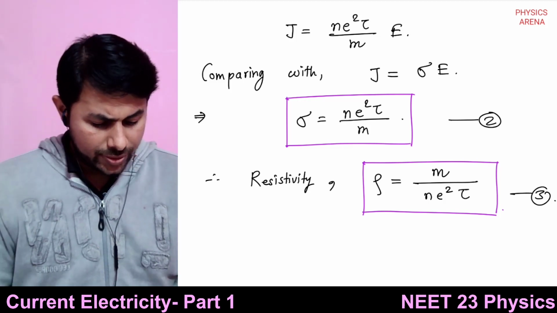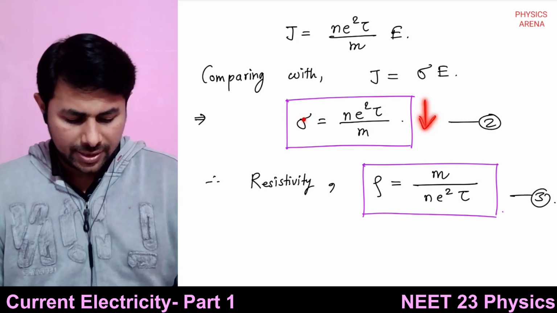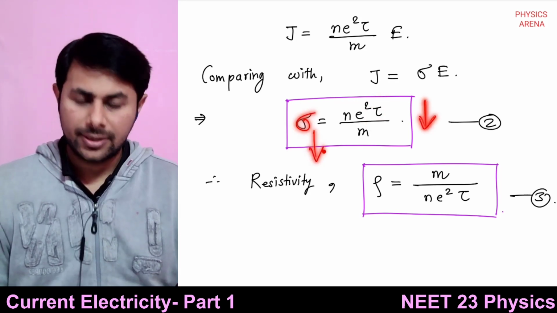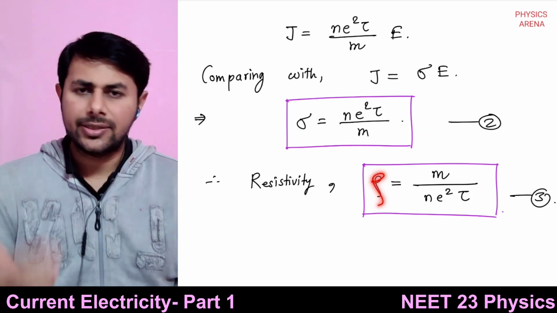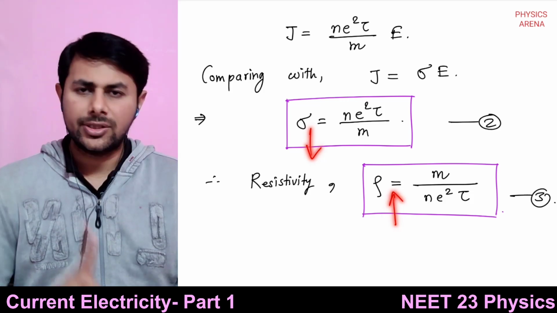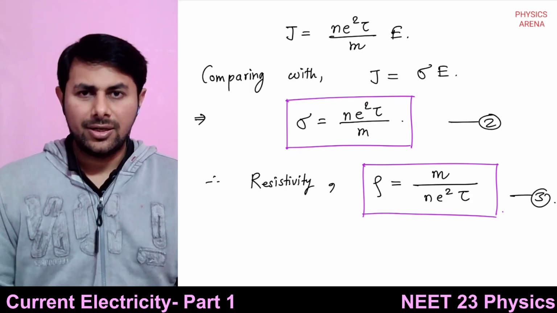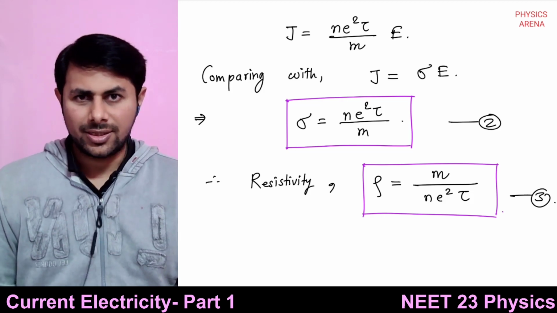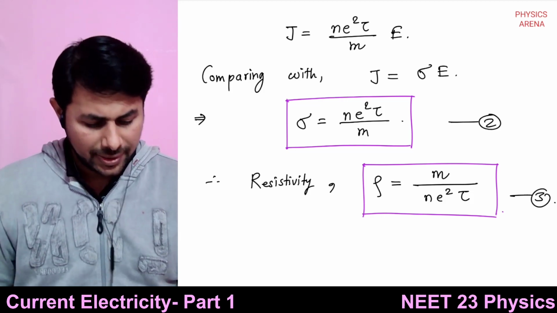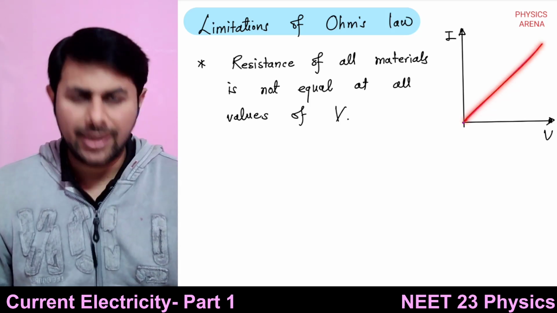So since tau decreases, that means conductivity decreases, and rho is the reciprocal of conductivity. So if conductivity decreases, rho goes up. Resistivity increases. That means resistance increases, right? So the graph between V and I will not be like this.